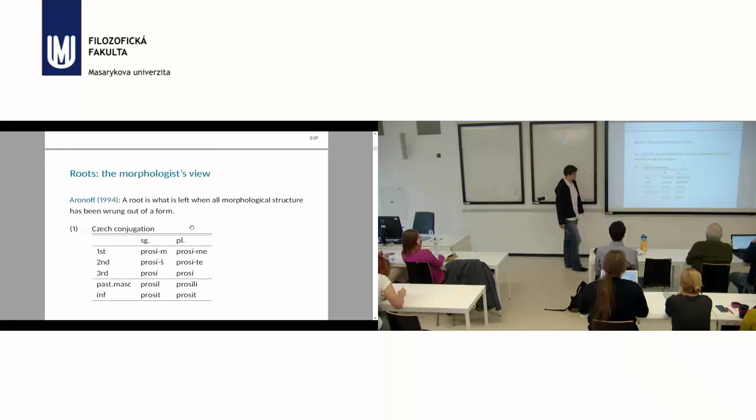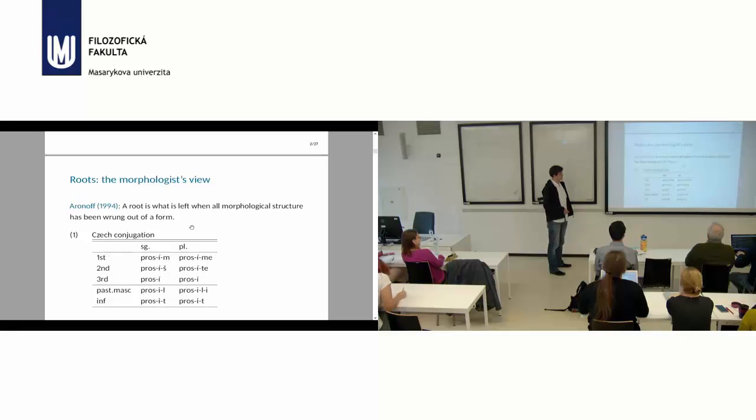And of course, if one expands on that paradigm, for example, including also the past tense form and the infinitival form, you'll see that even after I have removed the person number endings, there are still some differences here. So here I have the short vowel and here I have a long vowel.